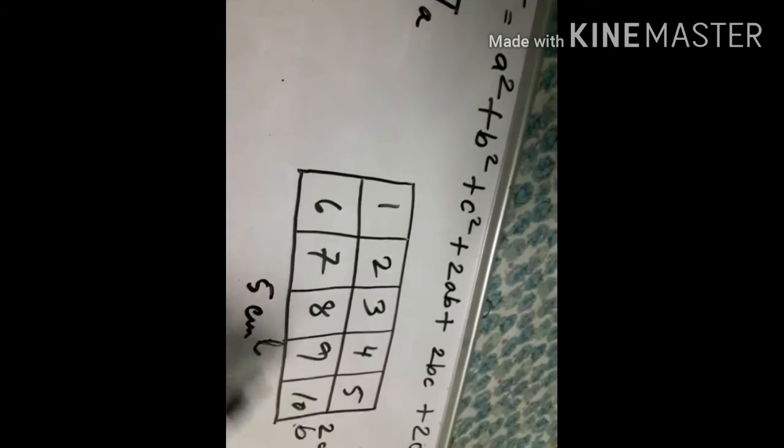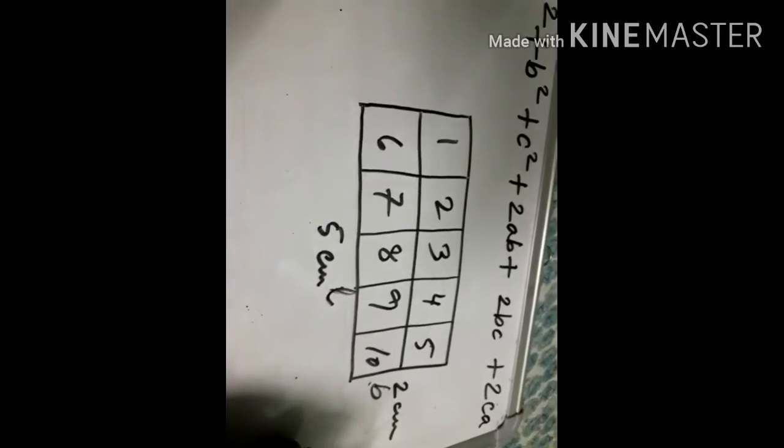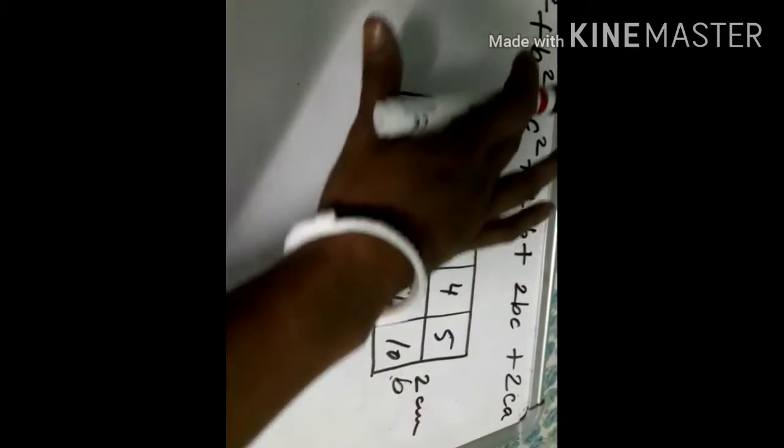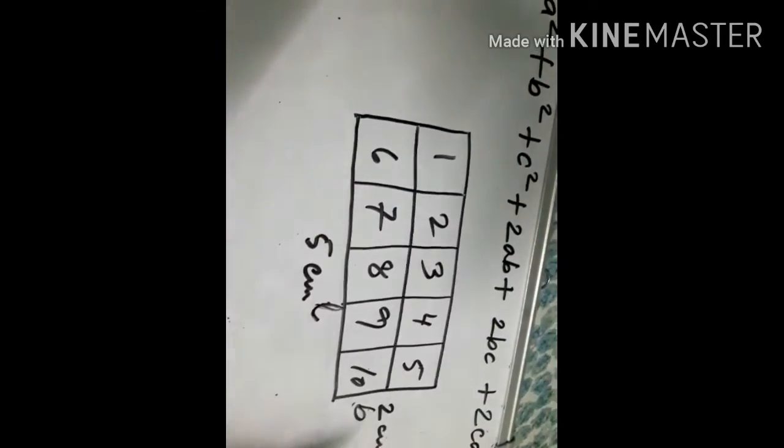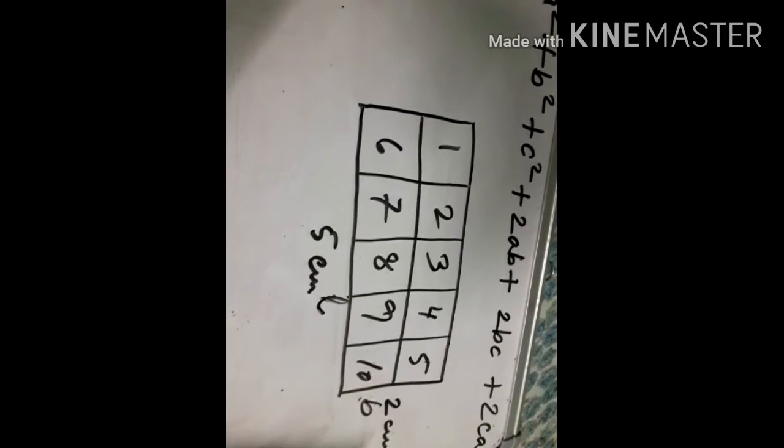So the length is 5 centimeter and the breadth is 2 centimeter. If the area of this rectangle is very large, then we cannot draw so many squares, it is not possible.